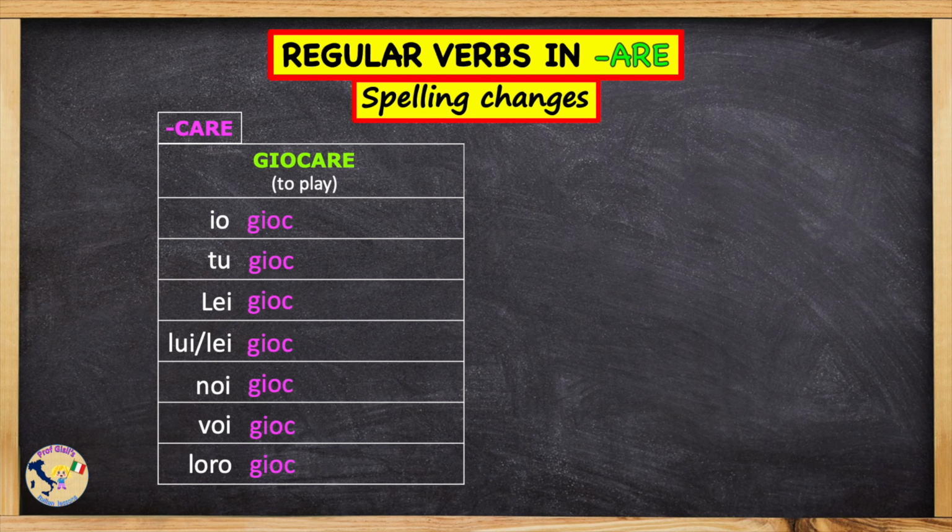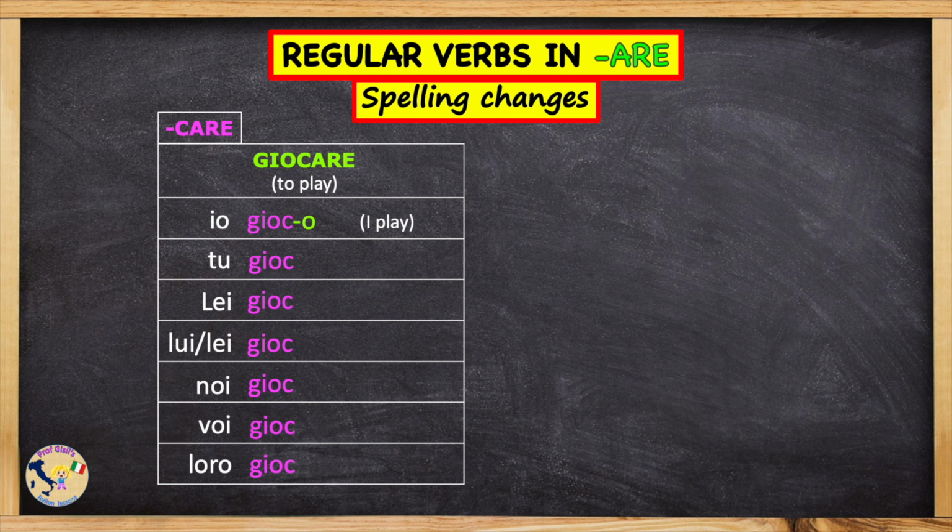But we must pay attention to consonant c in the verb root gioc. Because c in this case is pronounced as a hard k, we must make sure to keep the same sound across all conjugated forms. For the first person singular, we simply add the ending -o and we get "io gioco."